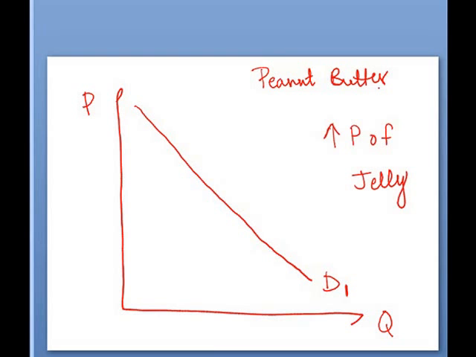So if this occurs, what I should see is a decline in peanut butter at all price levels, meaning that there is a shift to the left for peanut butter. Under no circumstances should you see a shift if there's a change in the price of peanut butter. I should see a movement along the curve if that's the case.